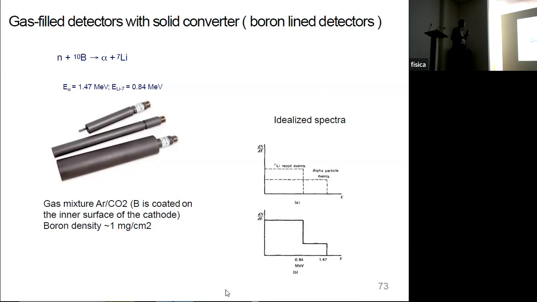But in this case, you have one problem. When you coat boron on the surface, you have two recoils that move in different directions, and if the interaction happens somewhere inside the detector, you can detect two particles and measure all the energy deposited in the detector.